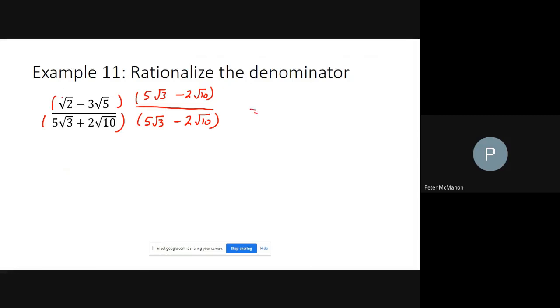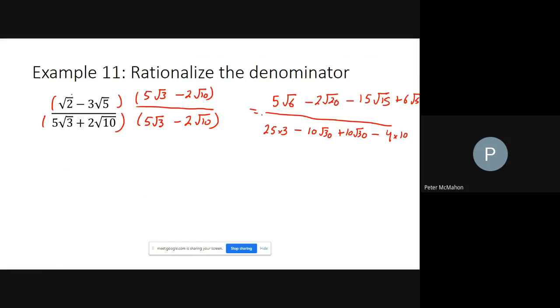All right, so there's going to be a whole lot of work in the numerator here. So we have to be able to distribute everything in the numerator. So doing that, we get 5 root 6 minus 2 root 20 minus 15 root 15 plus 6 root 50 over 25 times root 3 is root 9, which is 3 like this, minus 10 root 30 plus 10 root 30 minus 4 times 10.